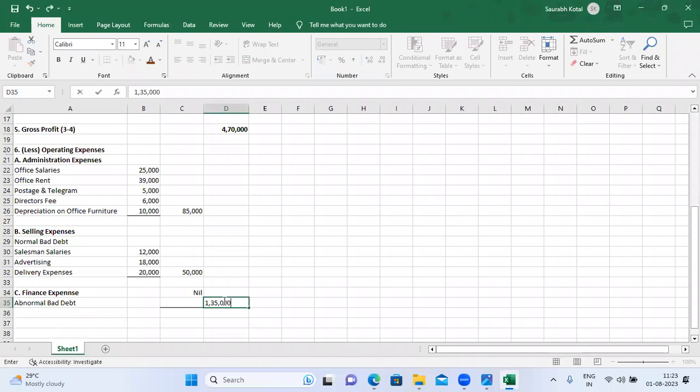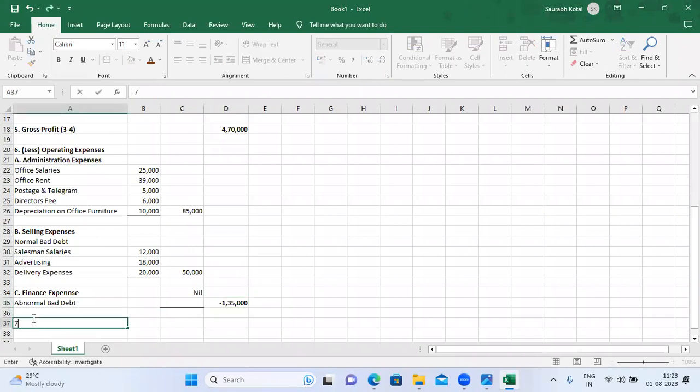But this 1,35,000 is the total of operating expenses, and this has to be reduced from gross profit. After reducing operating expenses from the gross profit, what do we get generally?